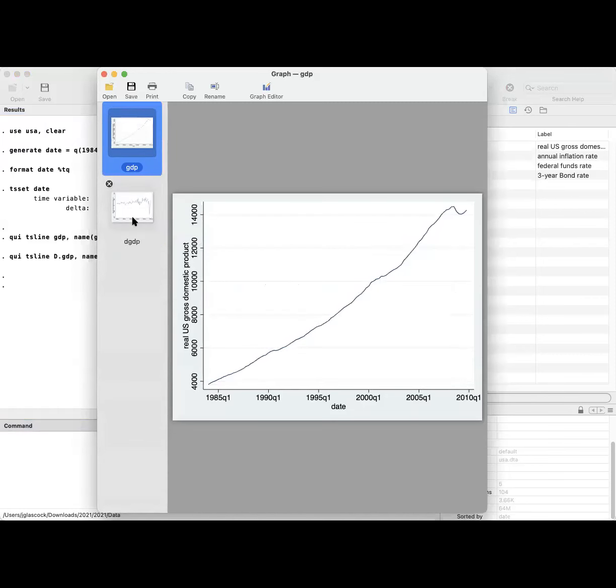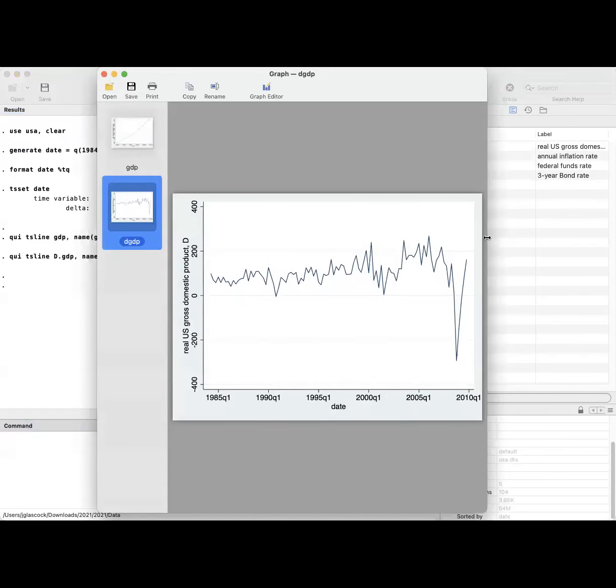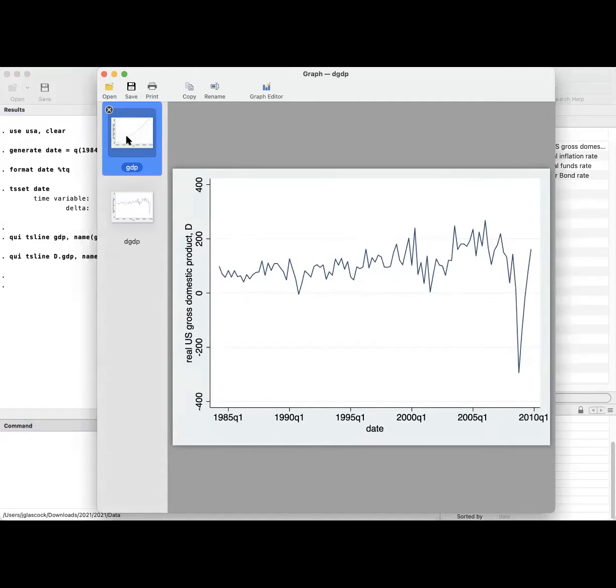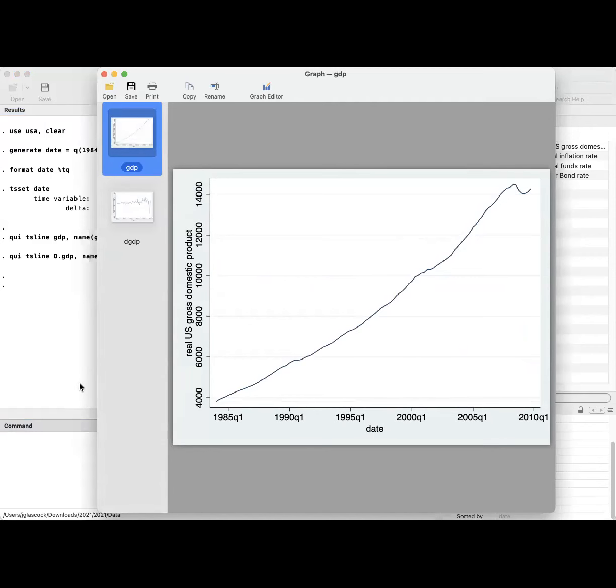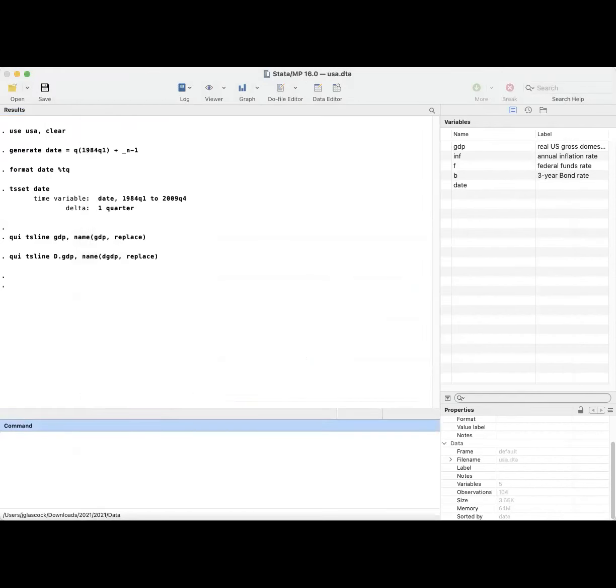You may notice that it's going to be useful if we can put them side by side and make a comparison, like what I did in my PowerPoint slide. The way to do that is to use a new command that I'm going to introduce. It's called graph combine. So we tell the system that we would like to combine the two charts together, and we gave them names already.